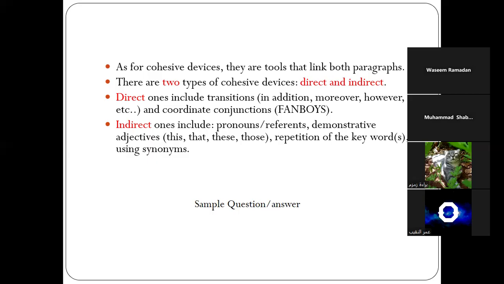But let's say that the second paragraph doesn't begin with any of these. Then surely the cohesion is indirect, but we have only 2 possibilities. A keyword is repeated or a synonym is used. Instead of saying schools, I say educational institutes. Instead of saying teens, I say adolescents. This is synonyms. Fine? Yes, girls, is everything clear?